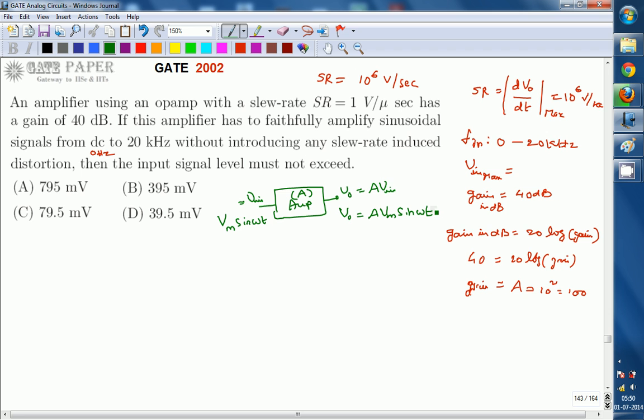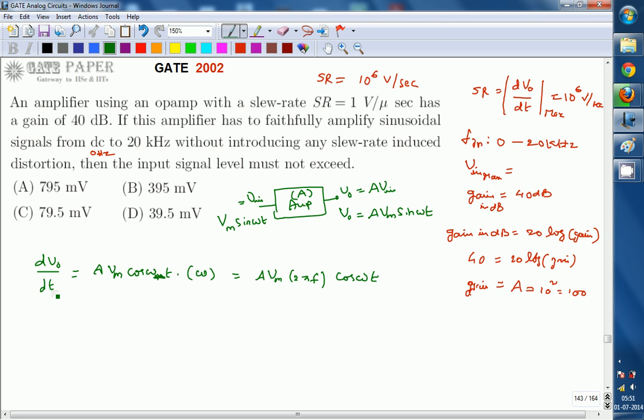Here we are going with dV naught by dt, which is the differentiation of V naught with respect to t. So it becomes A Vm cos omega t into omega, that is A Vm into 2 pi f times cos omega t. Slew rate is defined as the maximum rate of change, dV naught by dt maximum.